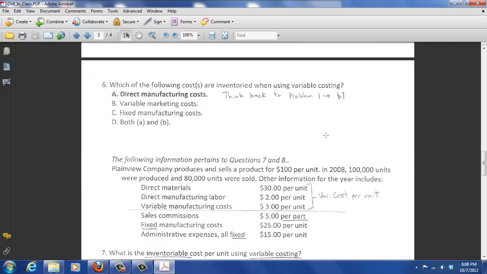So moving on to number 6, which of the following costs are inventoried when we use variable costing? So if we think back to problem 1, we're using our variable costing. That's the second set of calculations that we made.